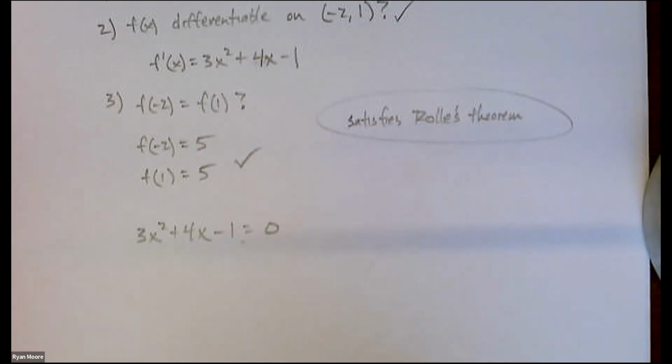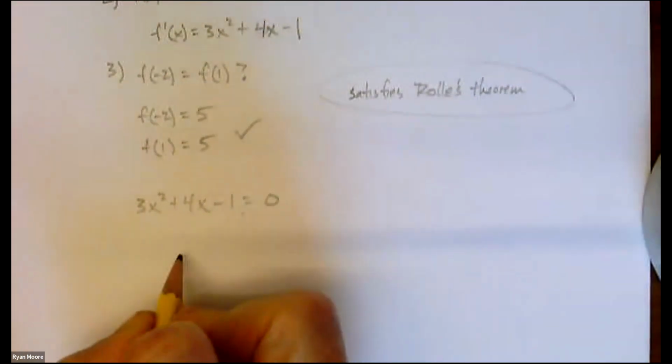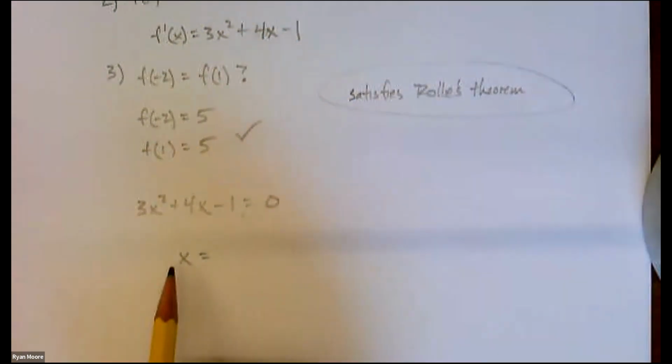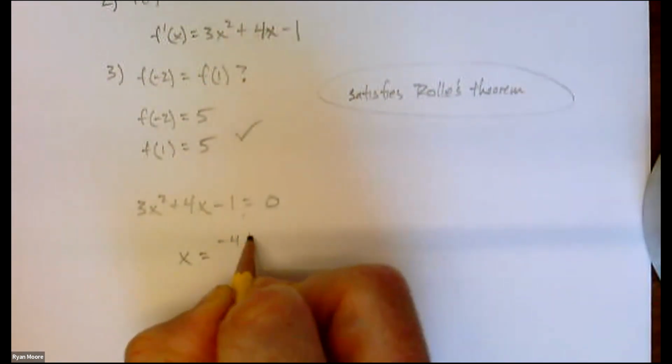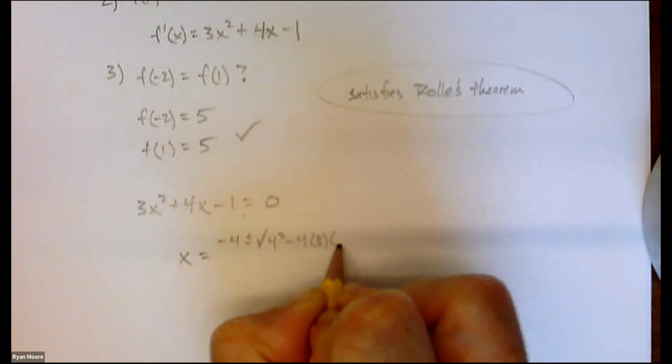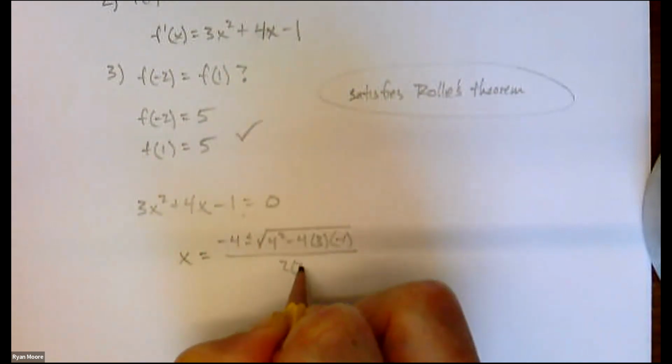Okay. Well, just looking at this, I'm not sure if this will factor. It might, but I'm just going to go ahead and go with the quadratic formula. So x equals negative b plus or minus the square root of b squared minus 4ac, all over 2a.